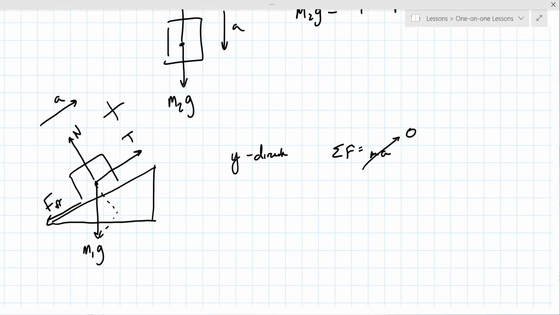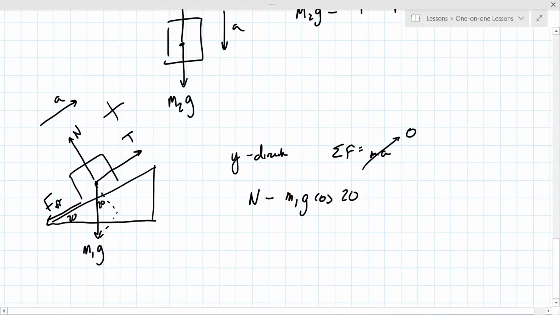Okay, so what are the forces in the y direction? You've got the normal force up, minus m1g cosine 20 going down, because the angle here is 20, which corresponds to the angle here. The sum of the forces is 0, because there's no acceleration, so ma is 0.